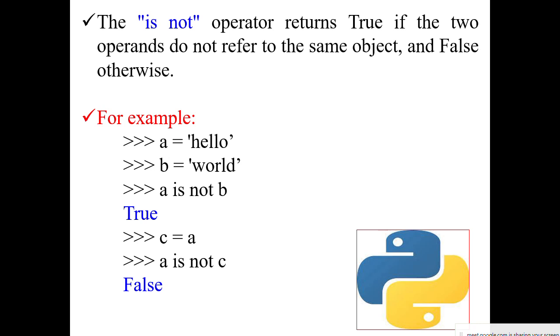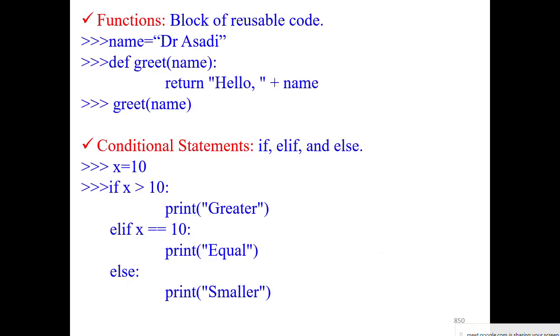So likewise, we are writing. Then functions. A function is a block of statements, a set of rules to perform a specific task. name = "Dr. Asadi". I am declaring a function: def greet, def space greet, where greet is the function name and name is an argument, colon, indentation, enter, and one tab, 8 character spaces you need to give.